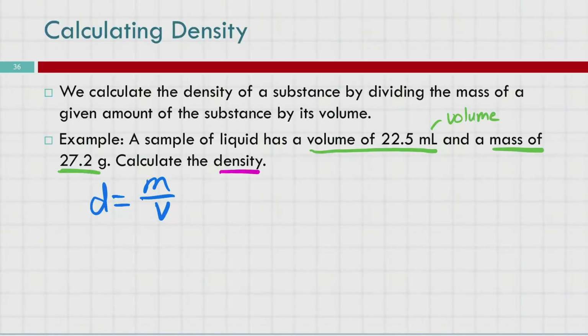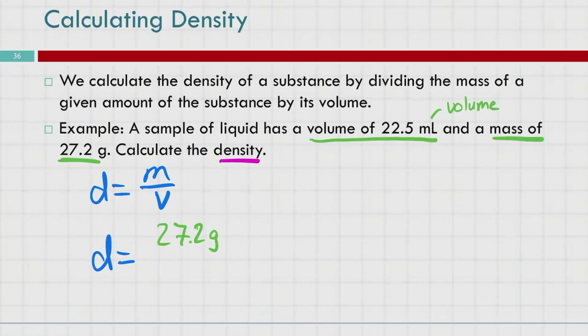We just learned it. So to calculate it, D equals the mass, which is 27.2 grams. It's important that we keep that grams with it. And we're going to divide that by the volume of 22.5 milliliters. We can plug that into our calculator: 27.2 divided by 22.5.